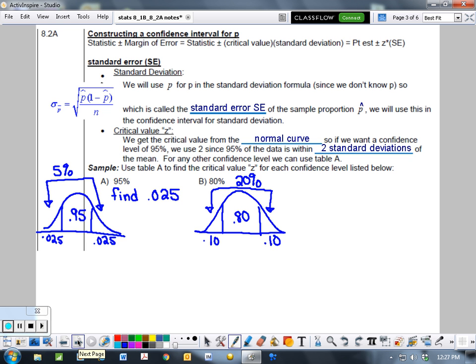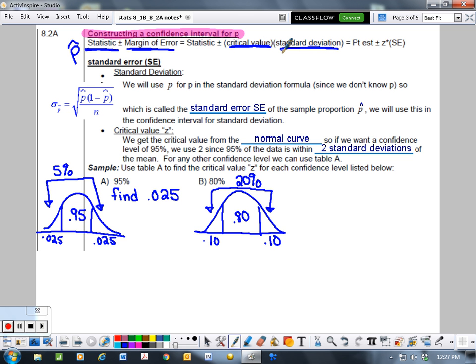Okay, constructing the confidence interval for p. We talked on the last video about how we do our point statistic. So this is going to be our p hat, plus or minus our margin of error. Margin of error consists of two things, a critical value and the standard deviation of our statistic.